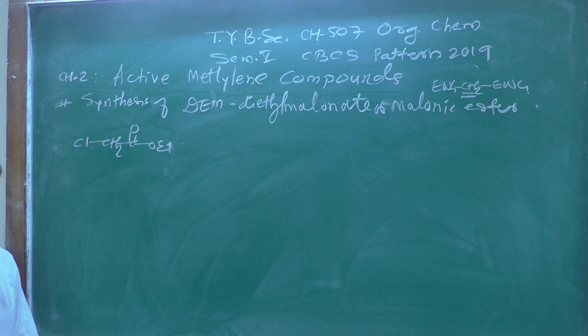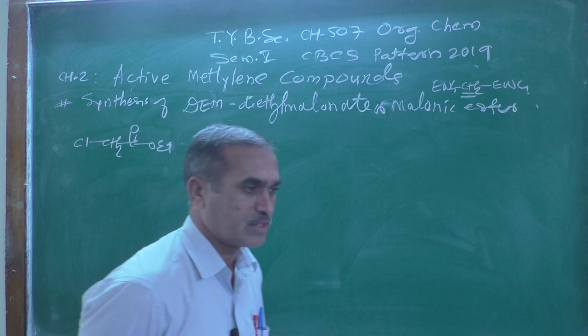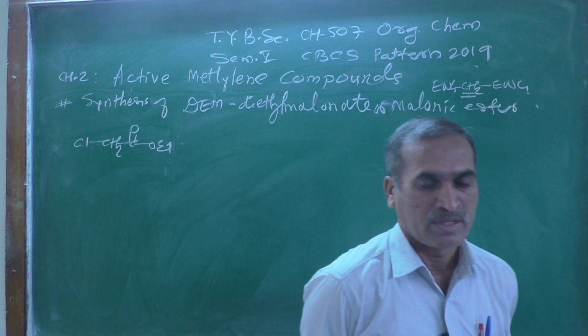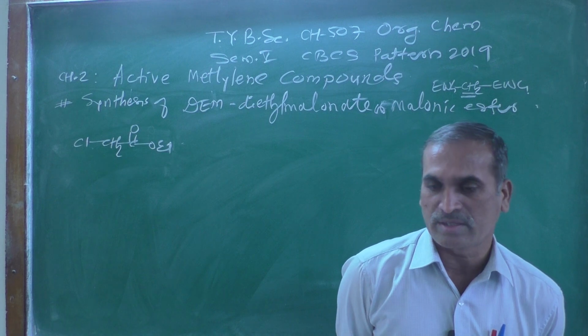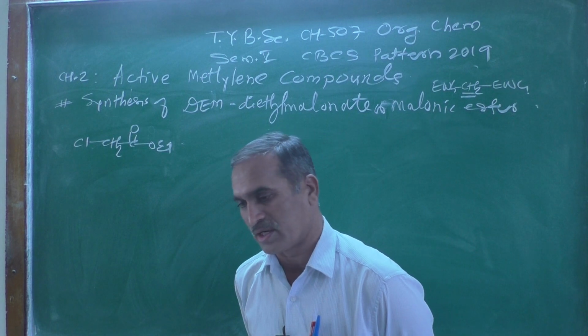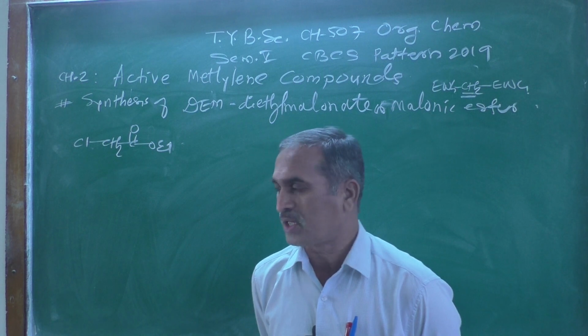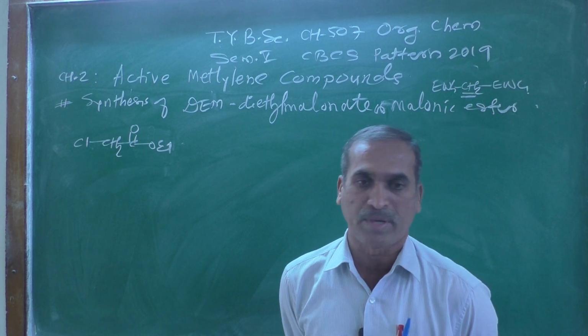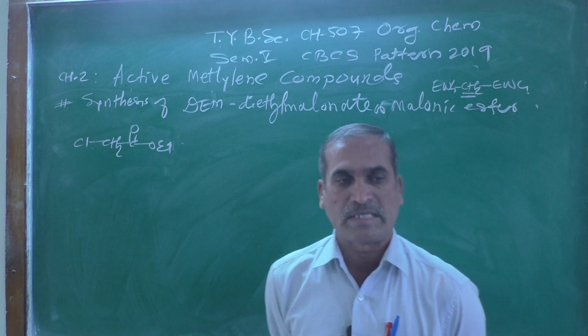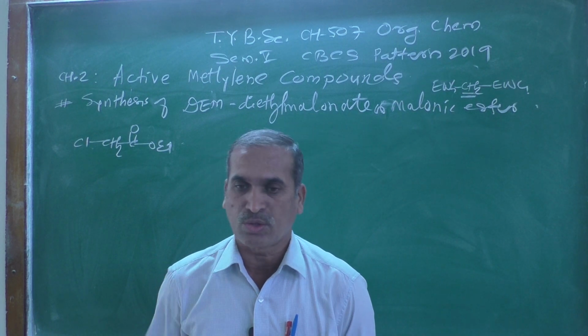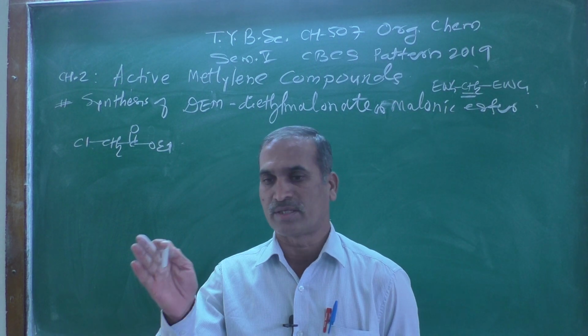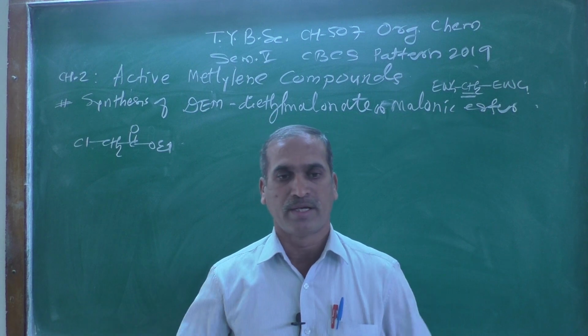In the previous case, while studying acetoacetic ester, or ethyl acetoacetate, or beta keto ester, the starting compound we took was ethyl acetate, 2 moles of ethyl acetate treated with sodium ethoxide.